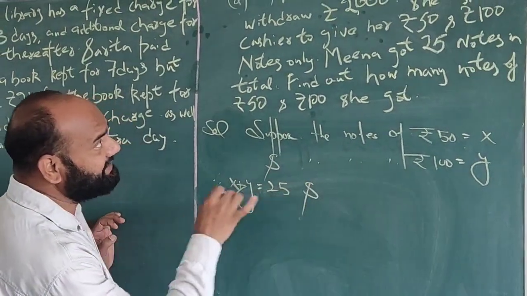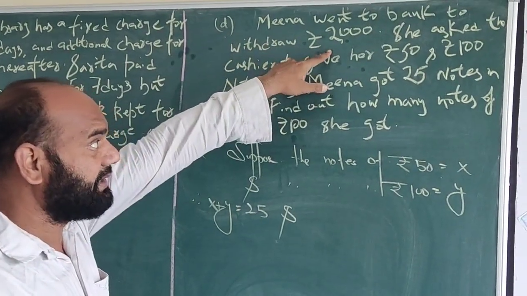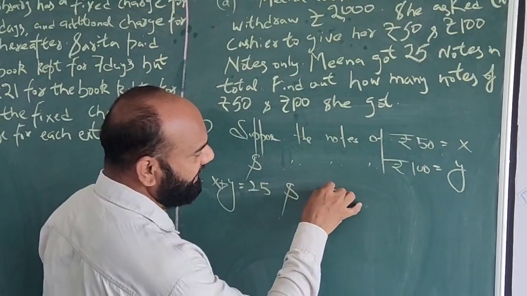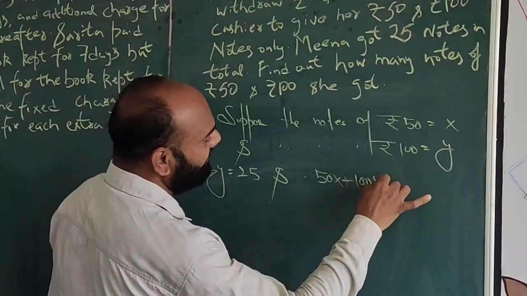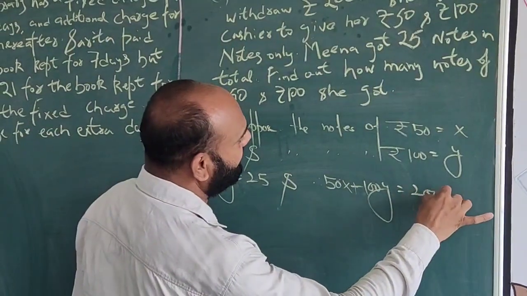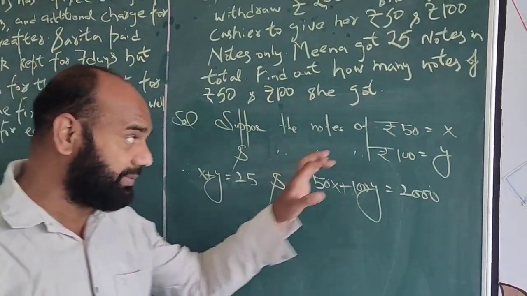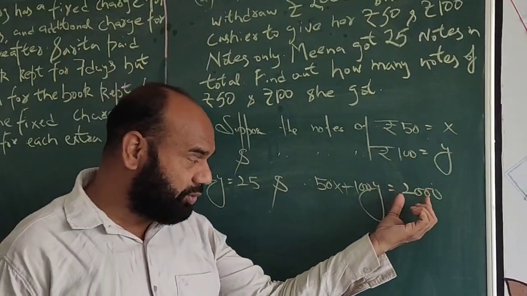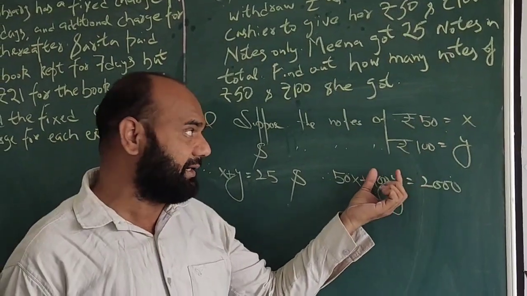And the second condition is that Meena went to the bank to withdraw rupees 2000. Therefore, 50x plus 100y is equal to 2000. Because Meena received only notes of 50 and 100, and received rupees 2000 in notes of 50 and 100.